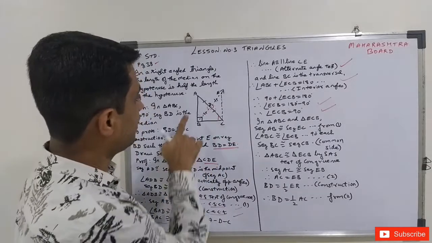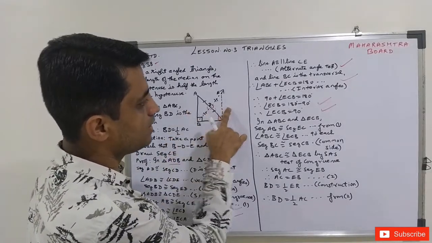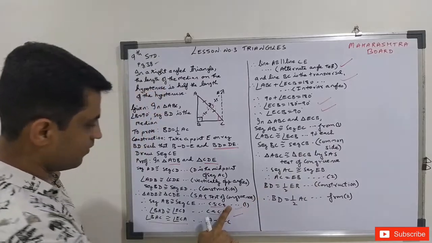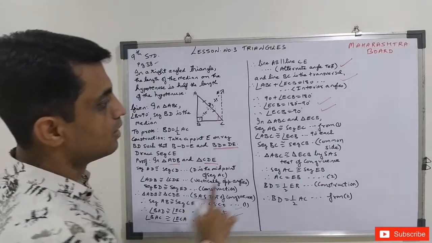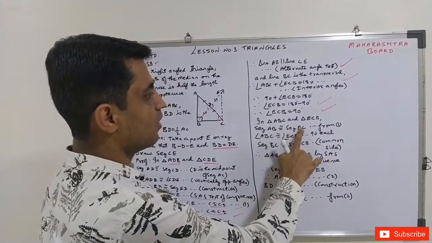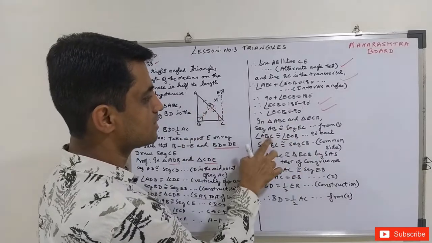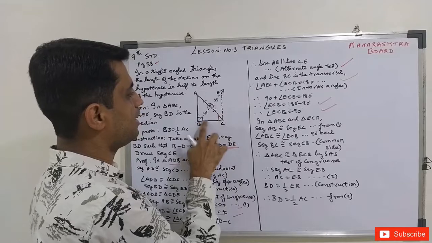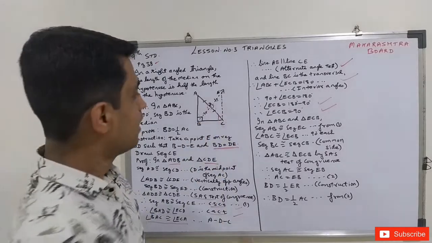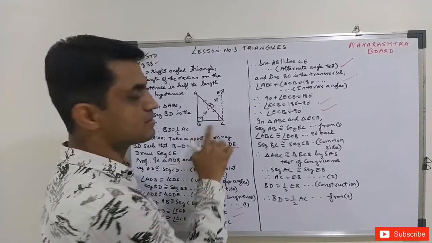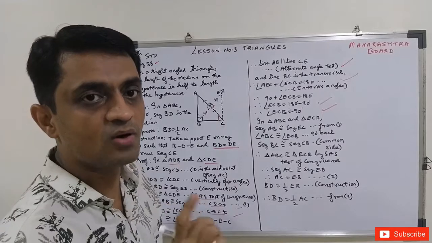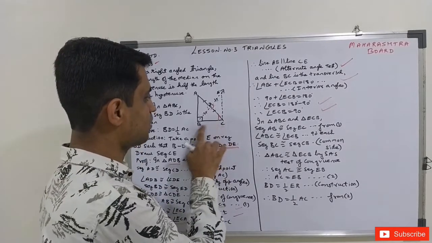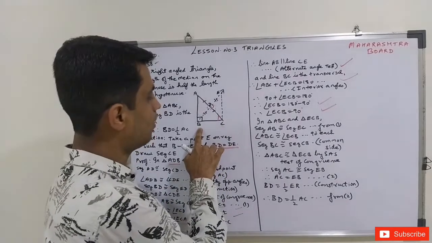Now what is congruent? AB is congruent to EC, from 1. We already proved AB is congruent to CE. And angle ABC is congruent to angle ECB, 90 degrees each. And BC is congruent to CB, the common part.